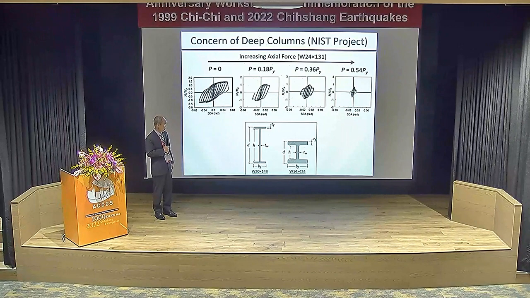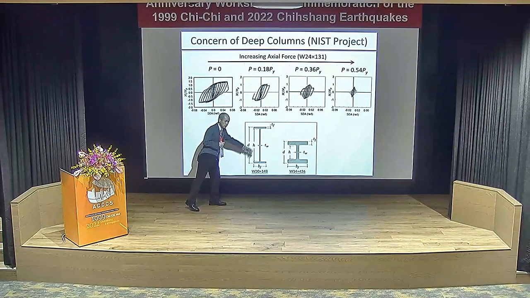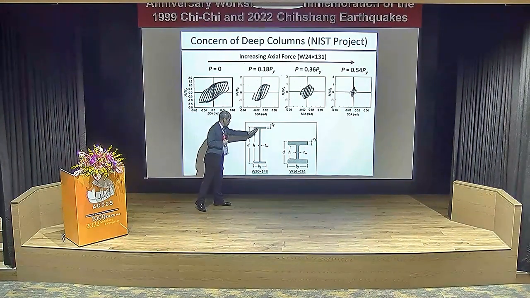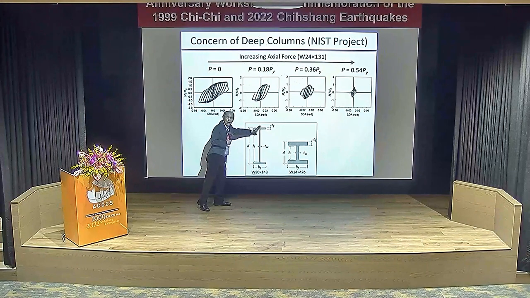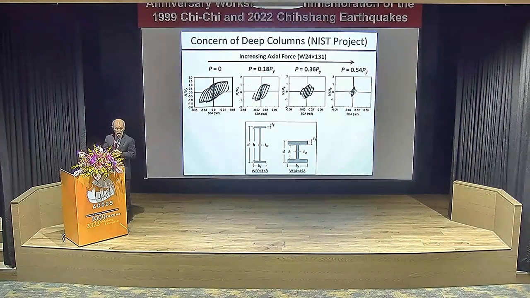So what is your observation? You can see the web, the h over tw for the web, is very large. Because it is so slender, it will have a hard time restraining the flange from buckling. So that is one of the problems of the deep column.